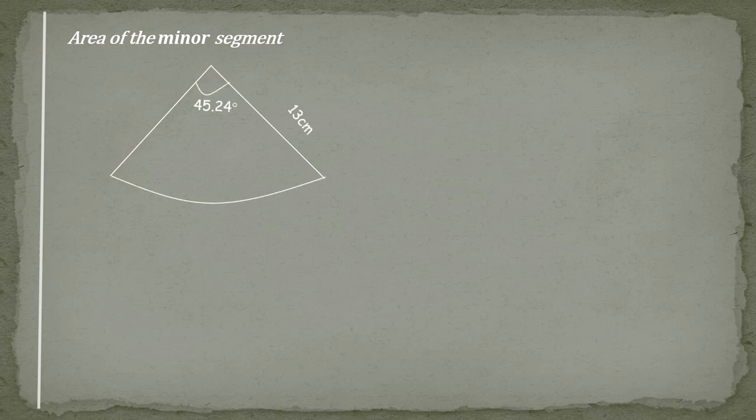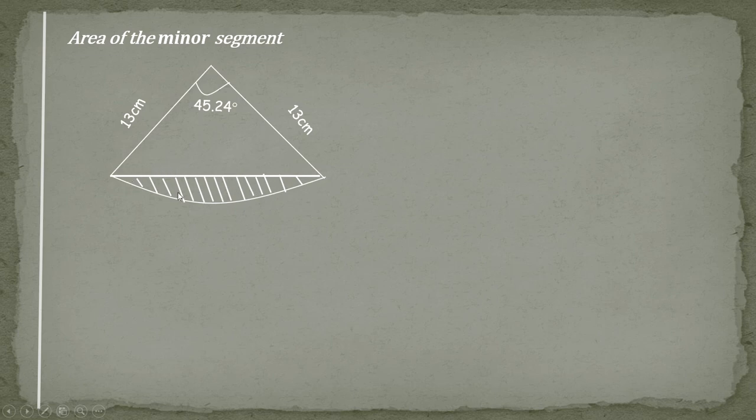Now area of the minor segment, we can take the sketch. Our radius is 13, our angle 45.24. Now the area we are interested in is actually this shaded area. So you realize that to get this area, I will get the area of the whole of this sector, then I will subtract the area of this triangle.